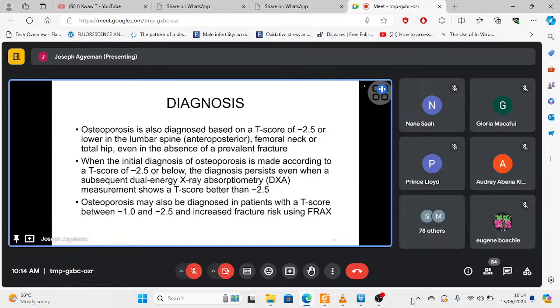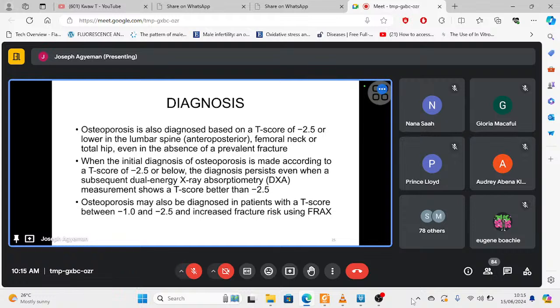When we are using, for example, the lumbar spine, remember we are using the axial, or if you are using the femoral neck or the hip, once you measure per the type of bone that you use, and the person has a standard deviation of below negative 2.5 or more, negative 2.634, that is also enough to confirm that the person has osteoporosis, even when there is no fracture.